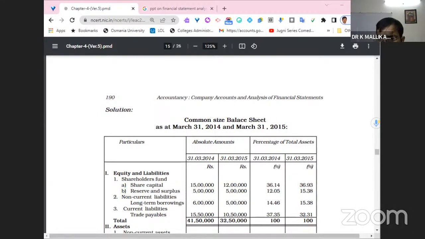Today we have discussed two topics, sir: common size statement and comparative statement. Yes. Okay. And in the next class, we are going to discuss the ratio analysis part. After ratio analysis, we go for standard costing, variance analysis, marginal costing.